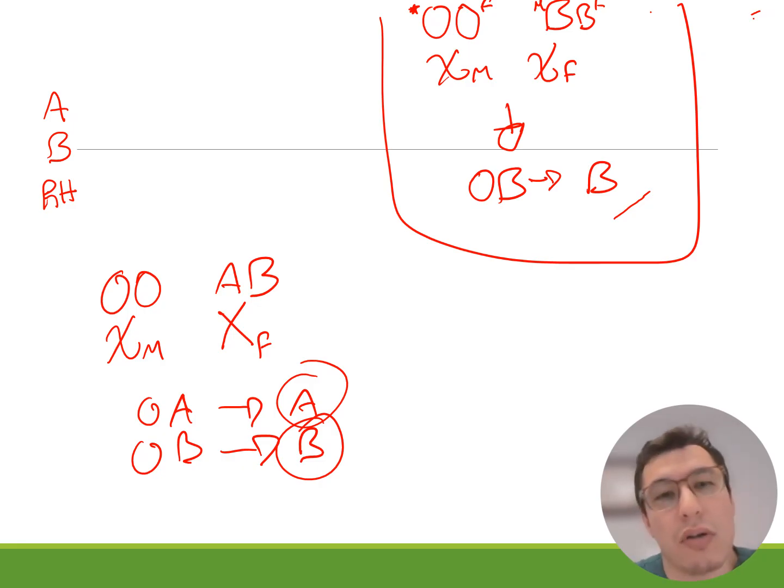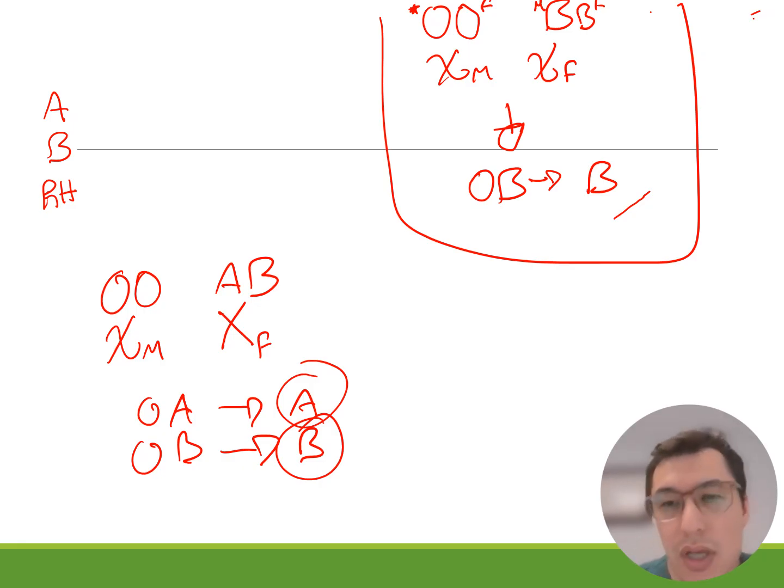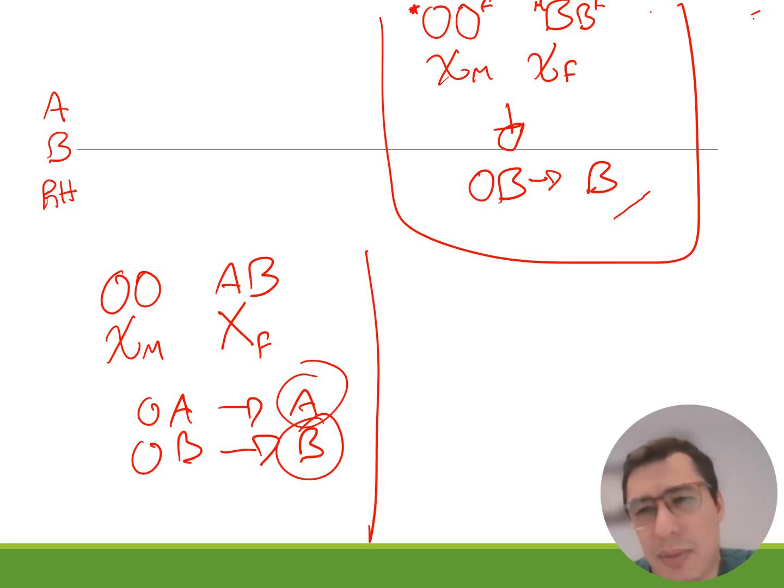There is not a world in which you can have a mother with type O, and also have a baby with type AB. Again, seems to be a little bit complex. You're not required to know this, but this is a very simplistic way to look at the mechanism by which blood types are inherited.